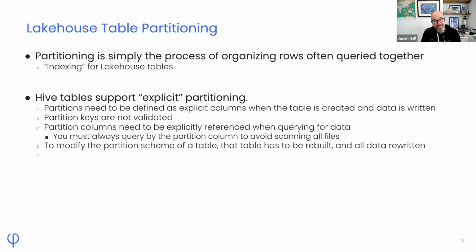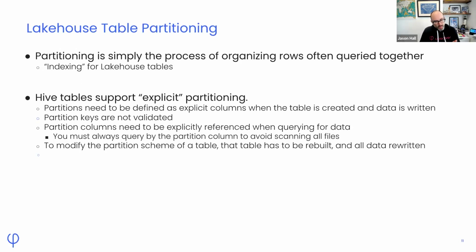Within Hive tables, I've seen it described as explicit partitioning. So when you create a Hive table, you explicitly define the column that you want to use for partitioning within that table. A very common example: I want to partition by date, right? So a day, for example. And each day's data is going to go into a unique Hive partition.